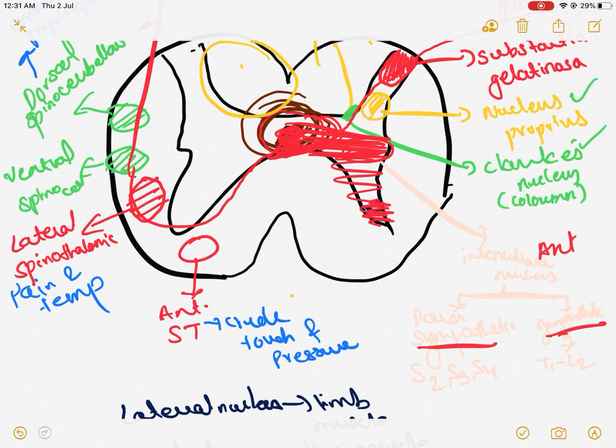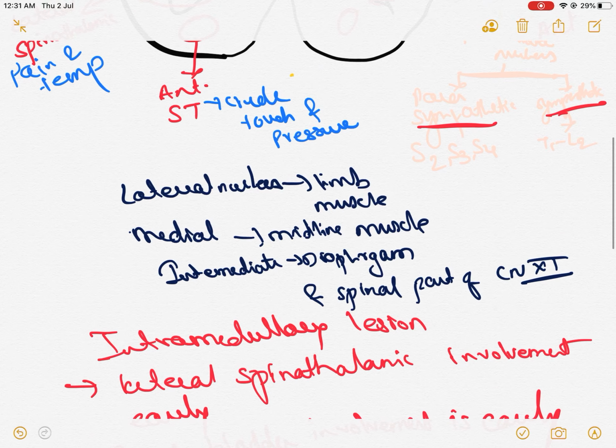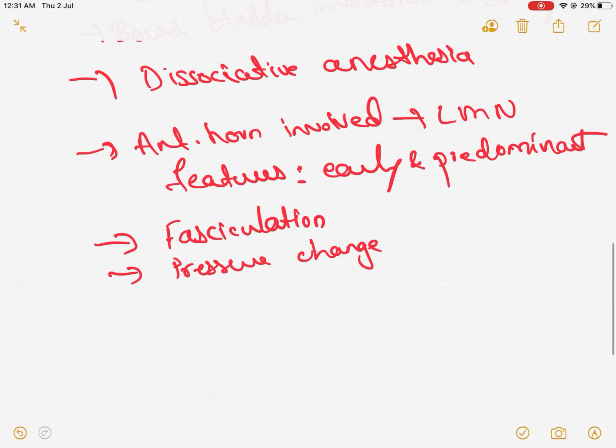Now, in this diagram, I have not shown the descending tract, that is the corticospinal tract, which is located here, the lateral, and here is the anterior corticospinal. Involvement of the corticospinal tract will occur very late because it is very far away from this lesion. So UMN signs are a late feature.